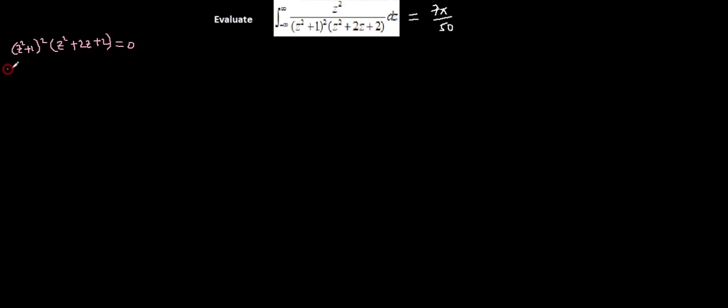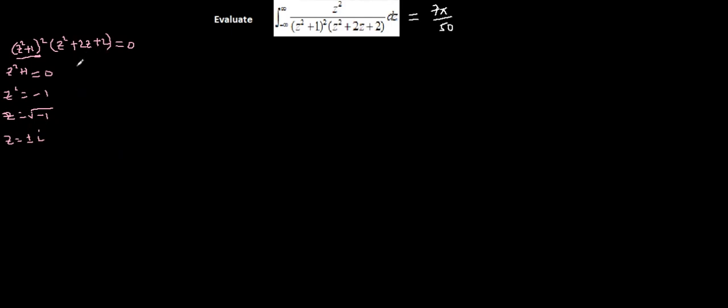That means z squared plus 1 will be equal to 0, and this means z squared will be equal to minus 1, and z will be equal to the square root of minus 1, so z will be equal to plus or minus i. Remember, square root of minus 1 is i.